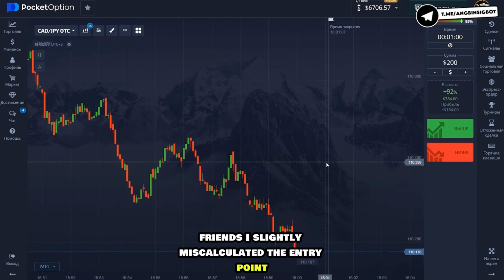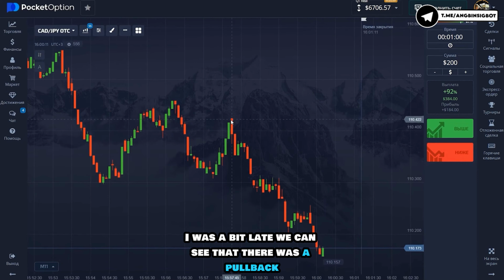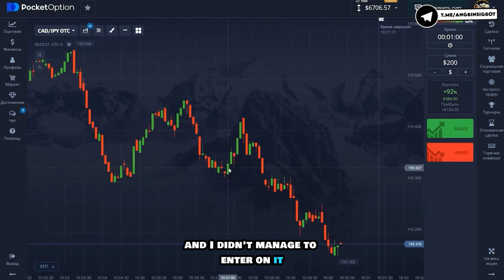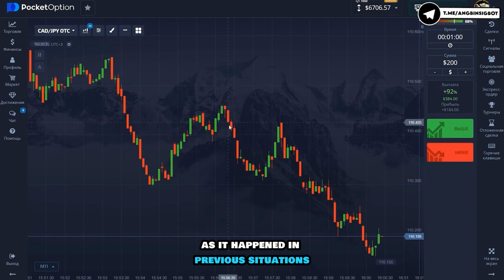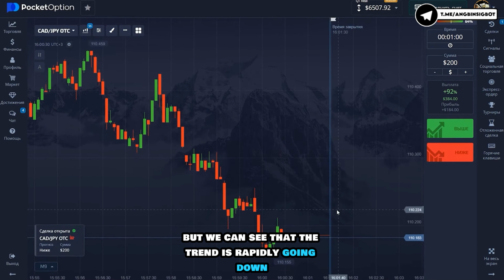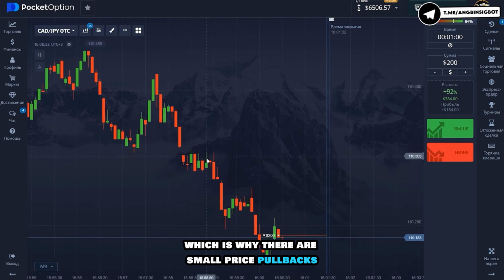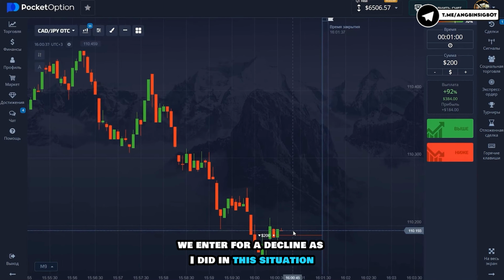Friends, I slightly miscalculated the entry point. I was a bit late. We can see that there was a pullback, and I didn't manage to enter on it. I was waiting for a second pullback, as it happened in previous situations, but we can see that the trend is rapidly going down, which is why there are small price pullbacks. And on these small pullbacks, we enter for a decline, as I did in this situation.